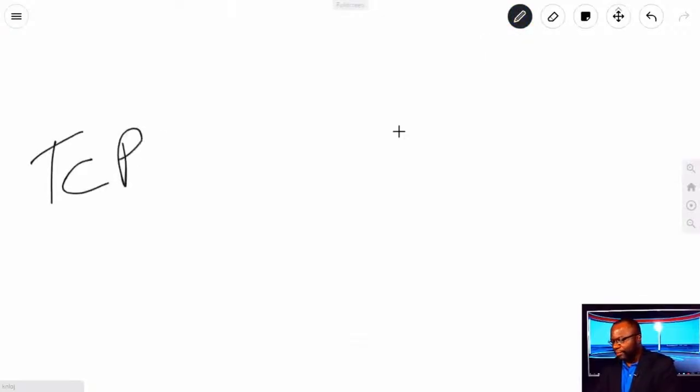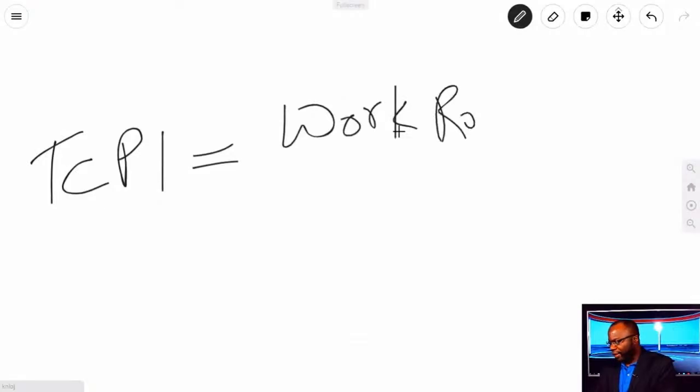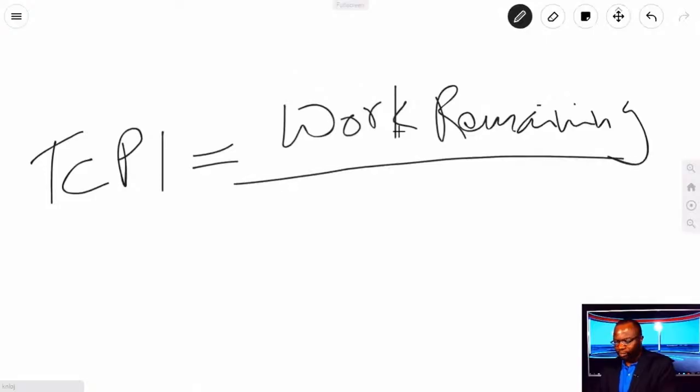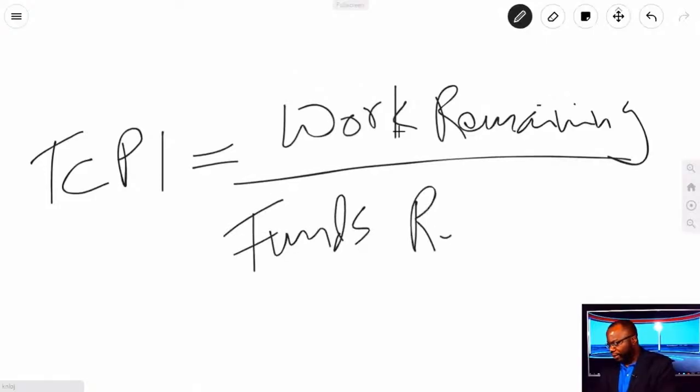That will help you regarding the TCPI. Okay? So for TCPI, you just got to remember that it is work remaining divided by funds remaining.